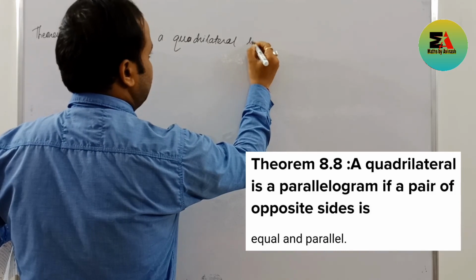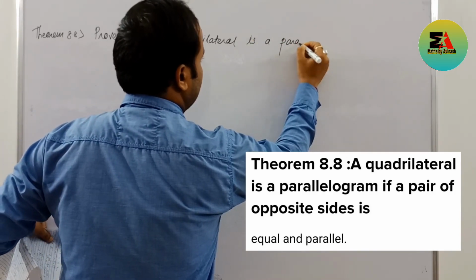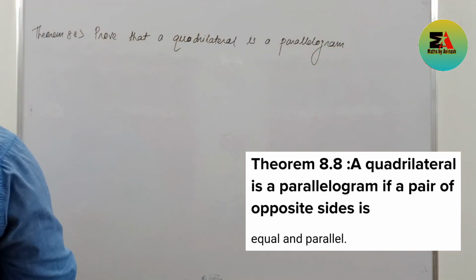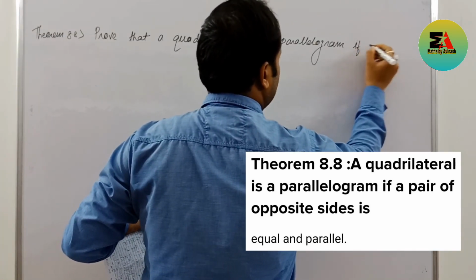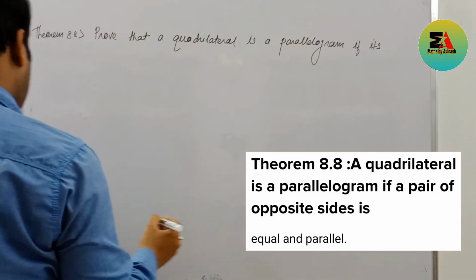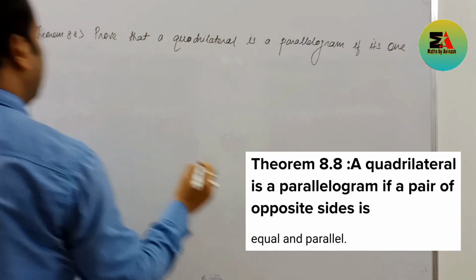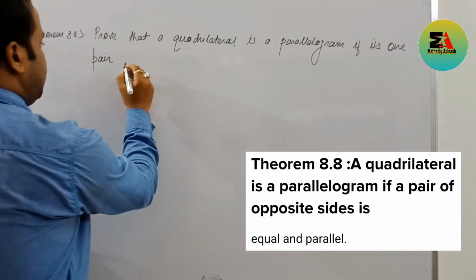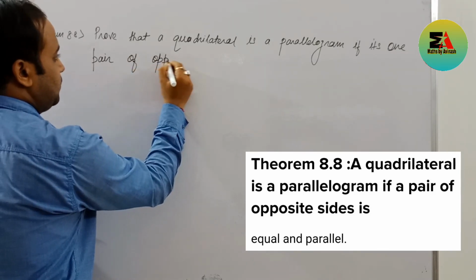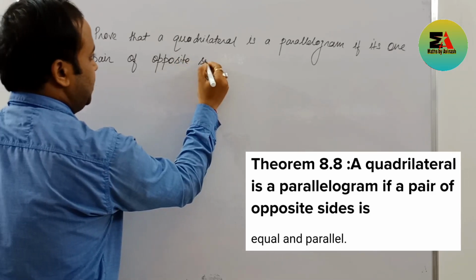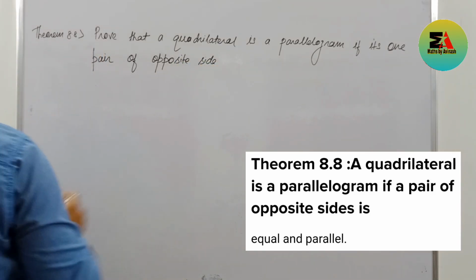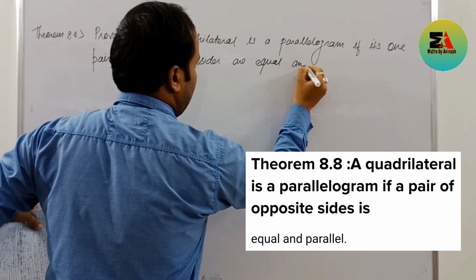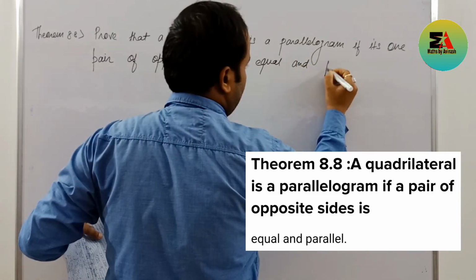is a parallelogram if its one pair of opposite sides are equal and parallel.